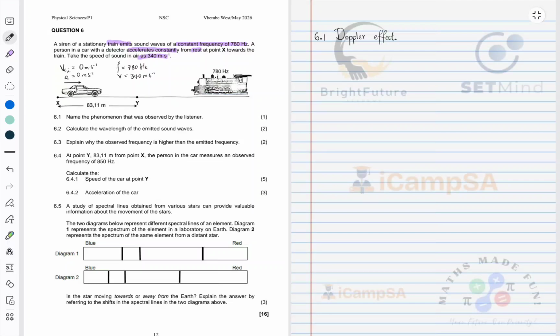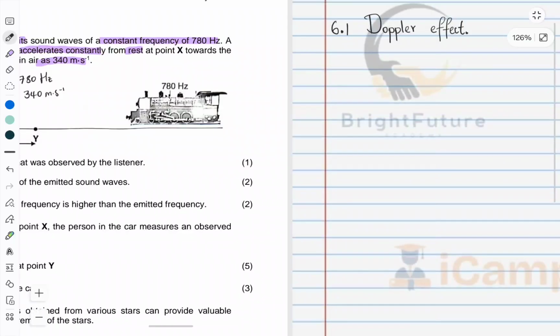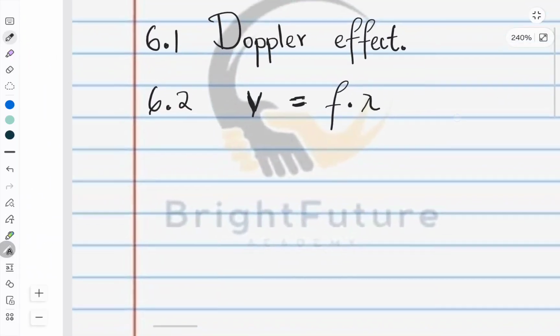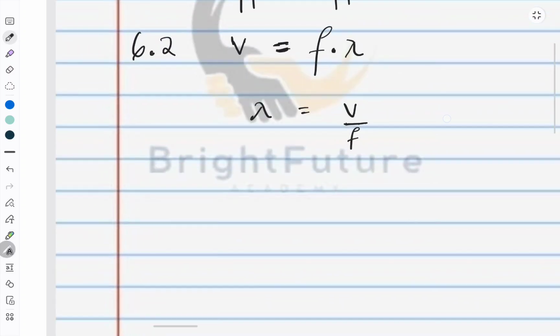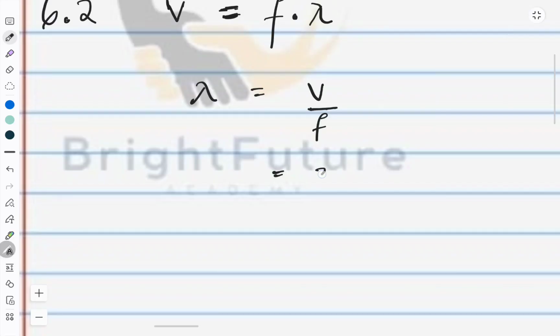Okay, so 6.2, calculate the wavelength of the emitted sound waves. If you remember, we know that the speed of a sound wave equals its frequency times its wavelength, so f times lambda. But now we're looking for wavelength, so wavelength is simply the speed of the wave divided by frequency, and this gives us 340 divided by 780.